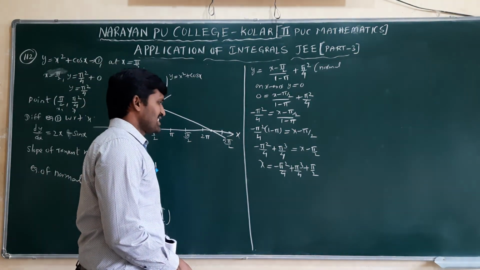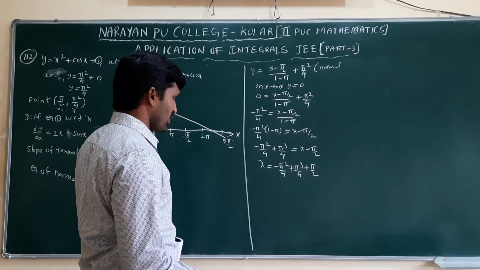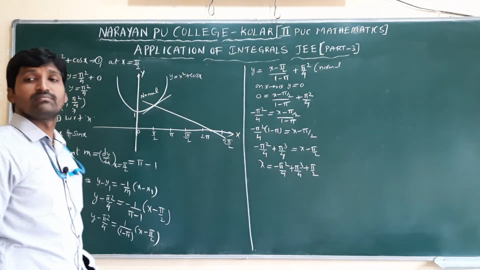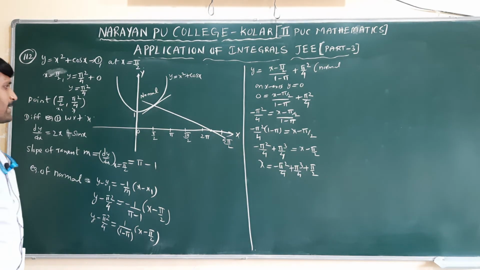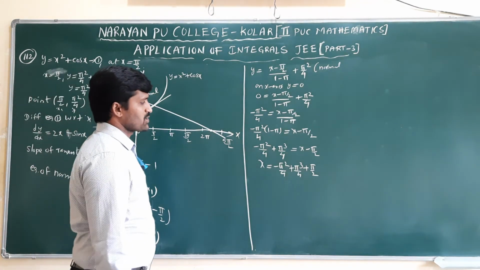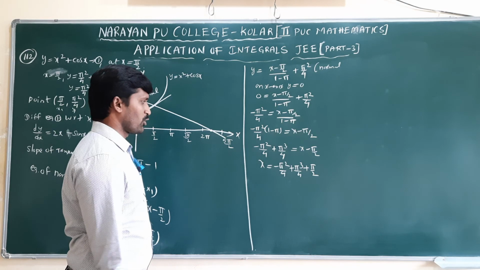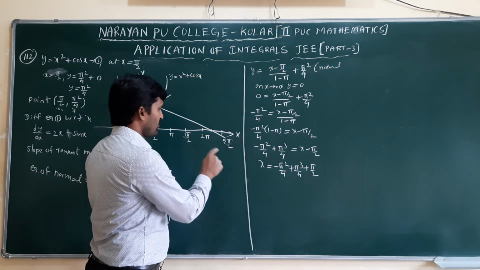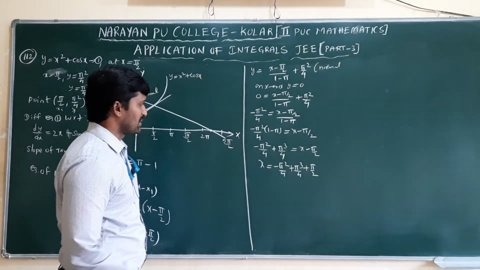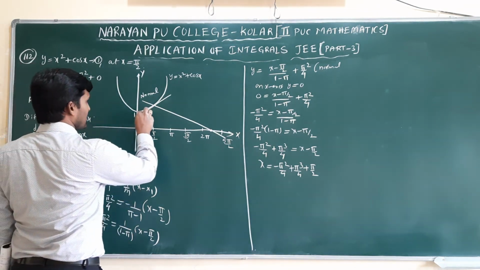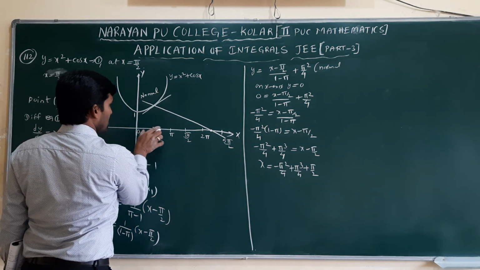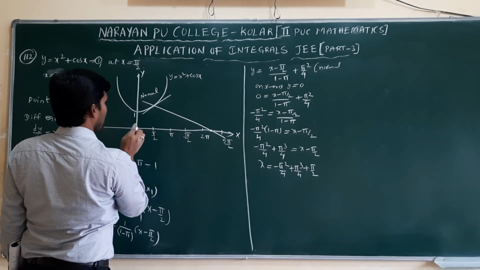Now for this x value we need to find the limits. Lower limit we got, upper limit: x value is minus pi square by 4 plus pi cube by 4 plus pi by 2. If you simplify, you will get more than 3.6 only, in between 3.6 and 5 pi by 2. Here is the region between the curve, the normal and the x-axis.